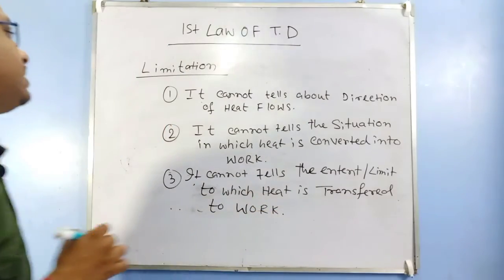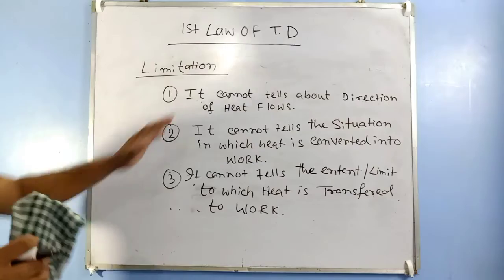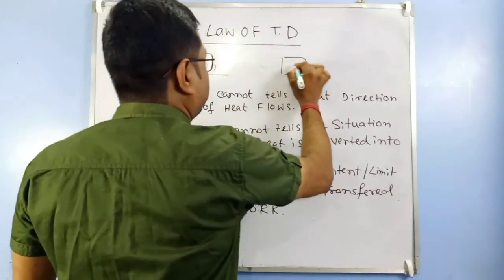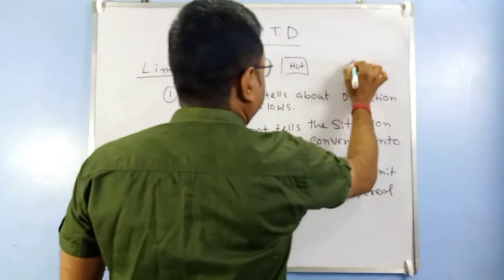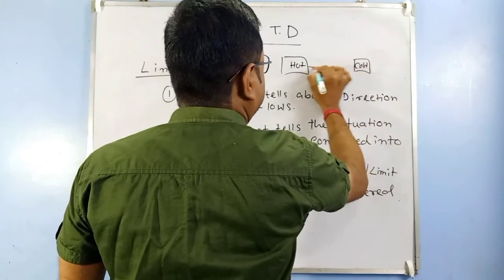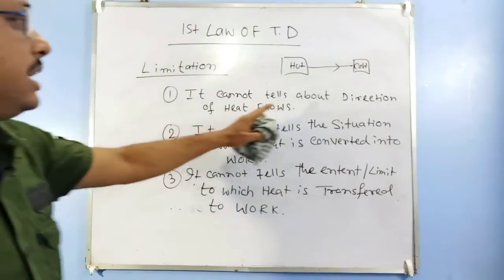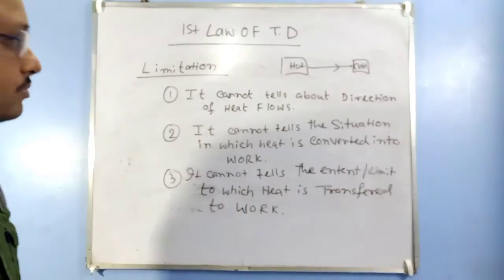This is the basic limitation of the first law of thermodynamics. The first law only tells that heat can be transferred from a hot body to a cold body, but it cannot say why heat cannot flow from a cold body to a hot body. So it cannot tell about the direction of heat flow.